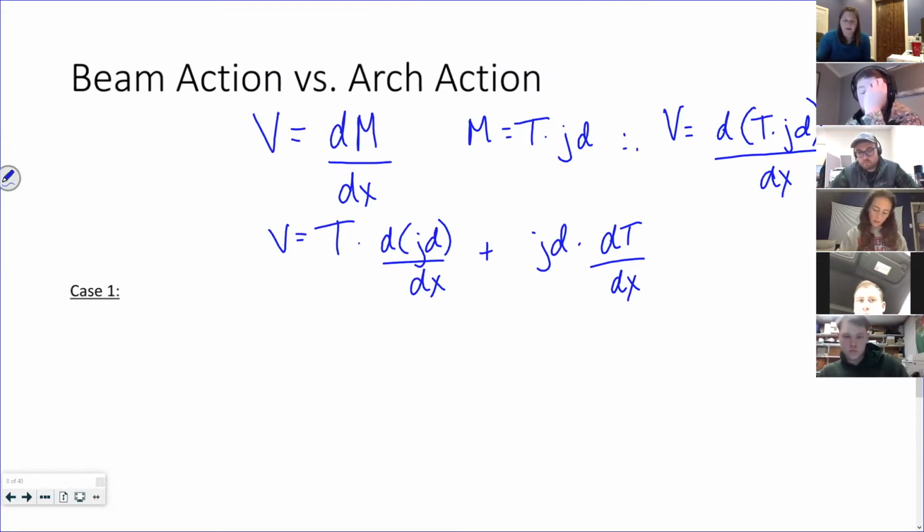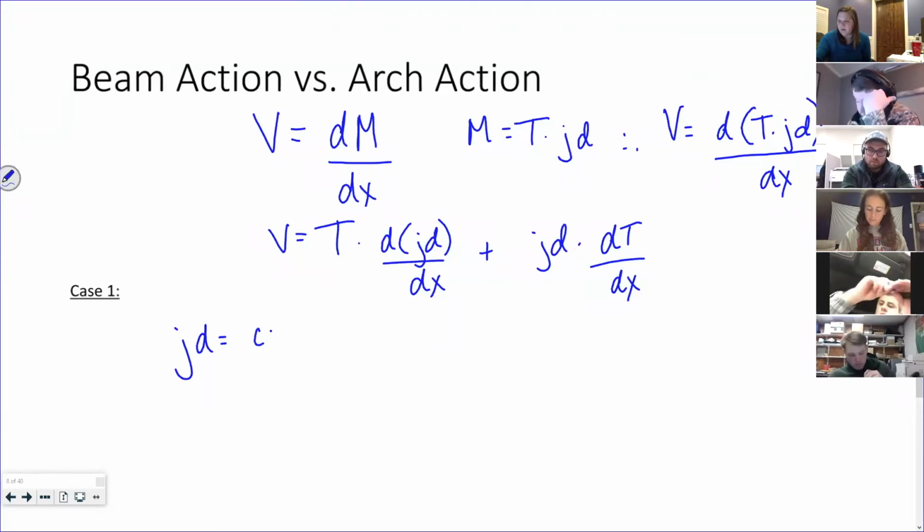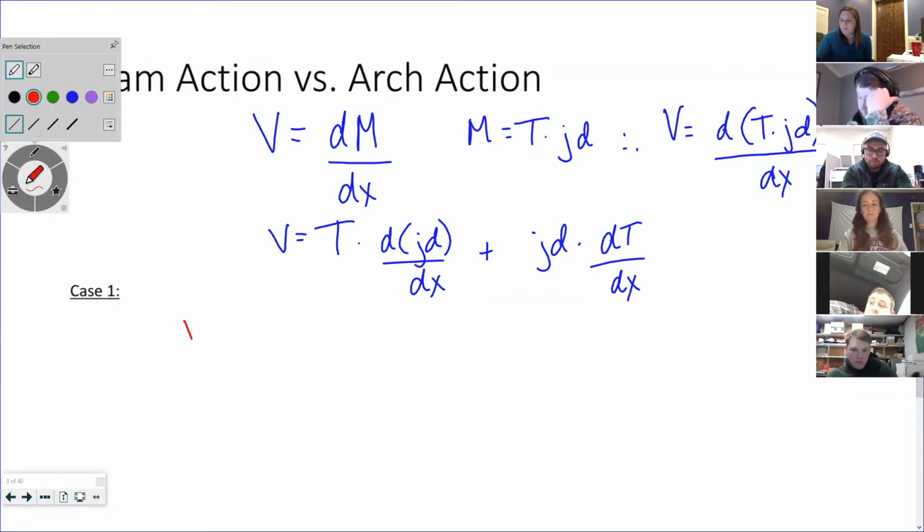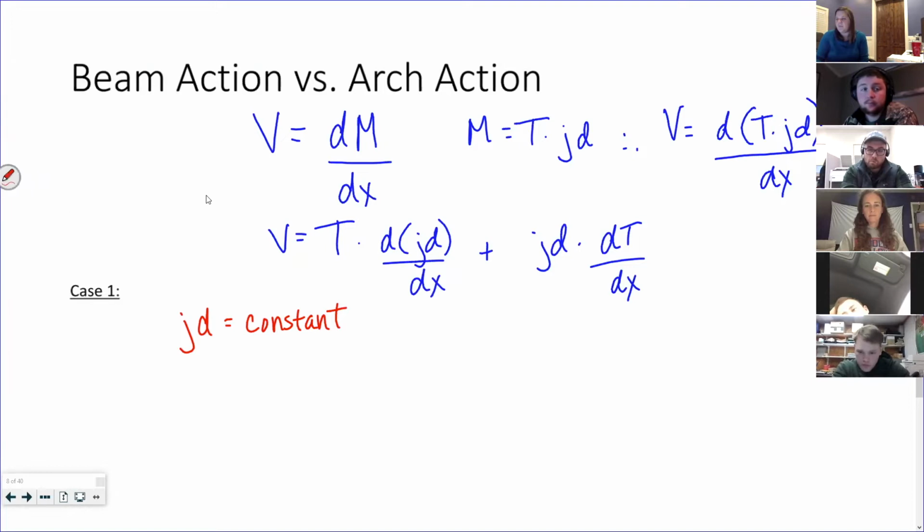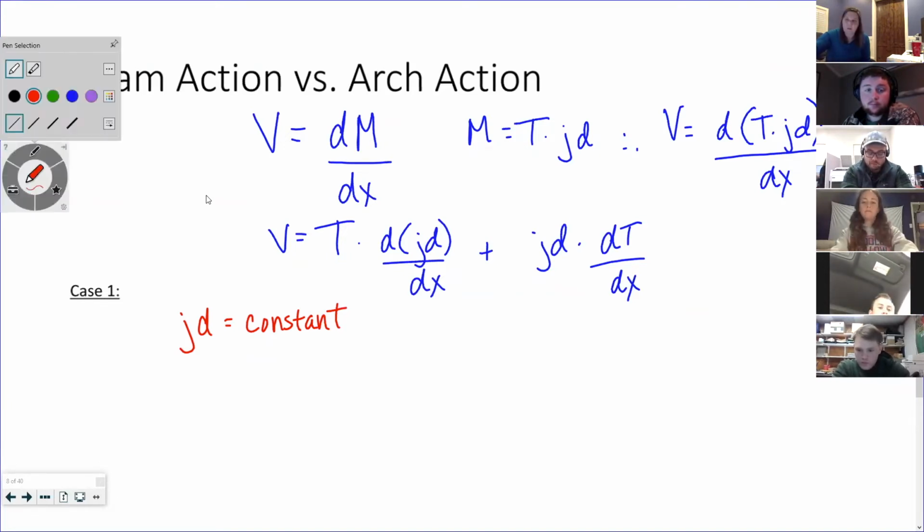So I'm going to look at two different cases. Case one is where my moment arm is constant. If I take the derivative of the constant, it's 0.